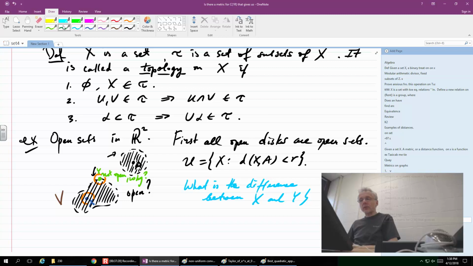It is the presence or absence of such a point that cannot be separated from the outside by a disk. So I can separate X from the outside of V with a disk, but it's impossible with Y.